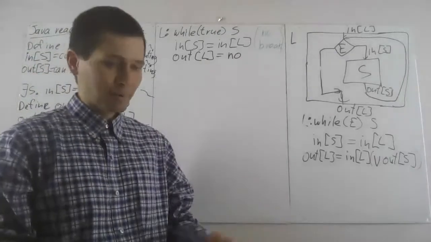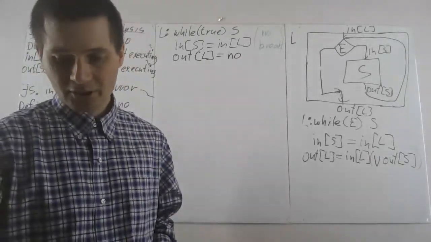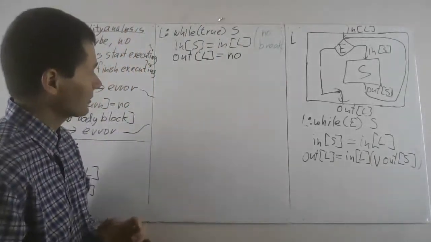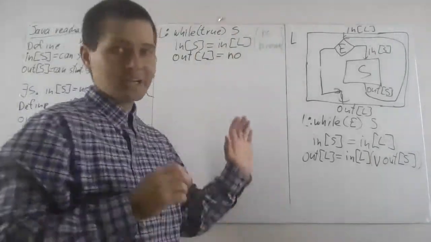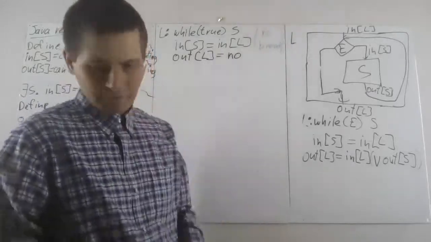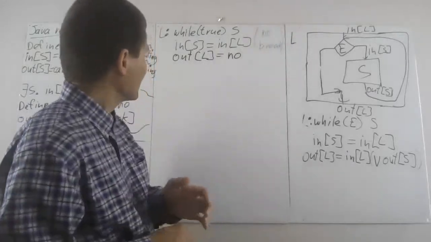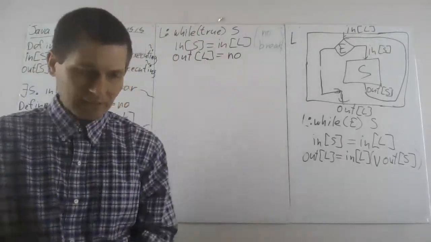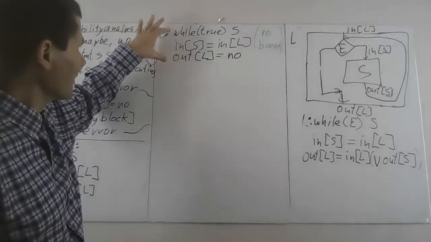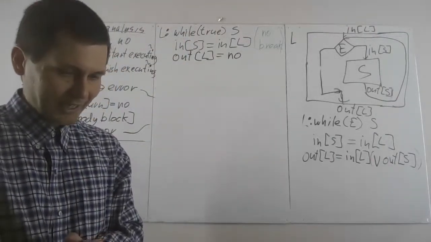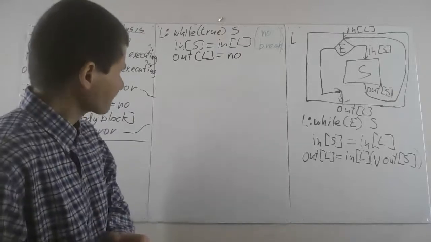Because if you had a break statement, then even if the condition is true, the loop wouldn't necessarily be an infinite loop. But in Juice, there are no break statements to begin with, so you don't have to worry about breaks in Juice. So in Juice, if you say while true, it really is an infinite loop, and so these are going to be the rules for that kind of loop.